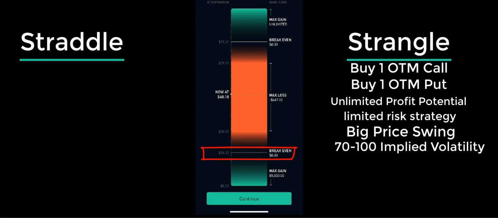And then anything below 55.33, well, I'm going to continue to make up until zero. So I've got the max profit of $5,533, meaning that my asset went to zero. That's why it's a max gain.